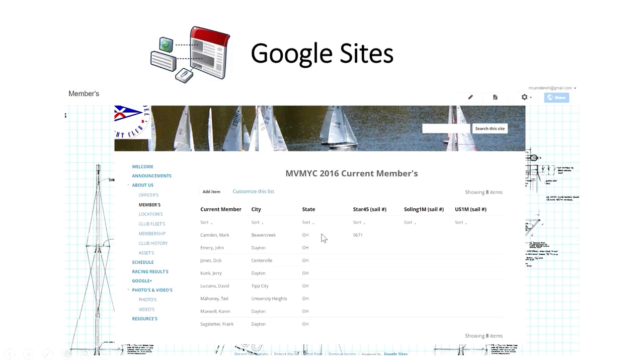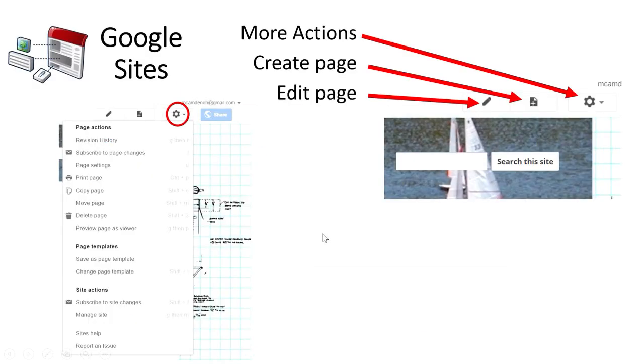And I can add or take things away as an administrator. When you edit a Google web page, you've got the three icons at the top for edit, create, and more actions. The settings shown here on the left manage your website and the different things you can do. You can copy a page, you can move a page up and down the menu and so forth.